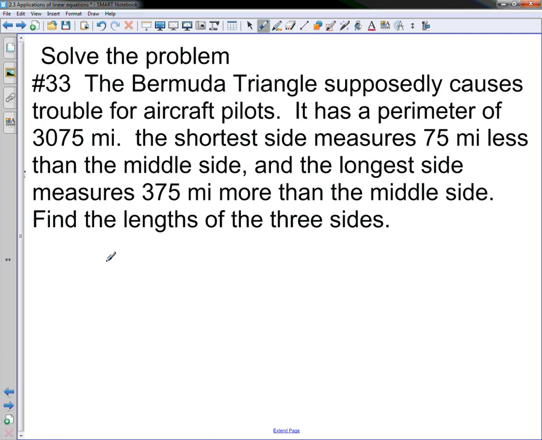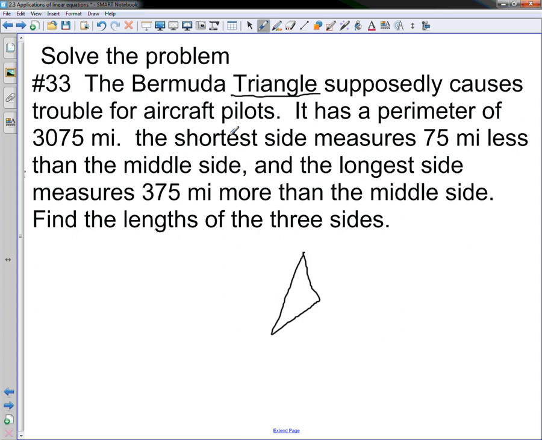Okay, welcome back. Hopefully you took a moment to try the problem. Again, we're dealing with the perimeter, and we're dealing with a triangle this time. Alright, so let's go ahead and draw a triangle. It has a perimeter of 3,075 miles.